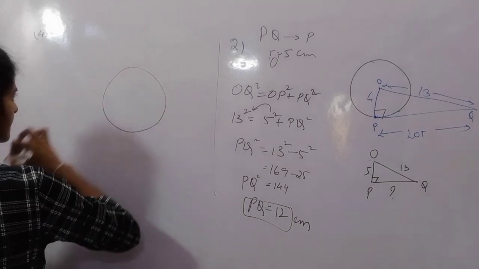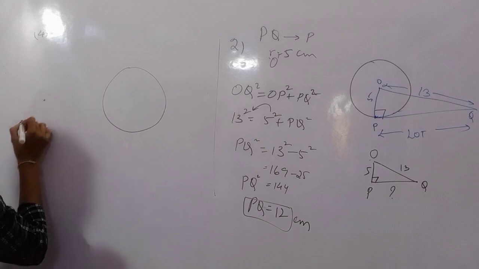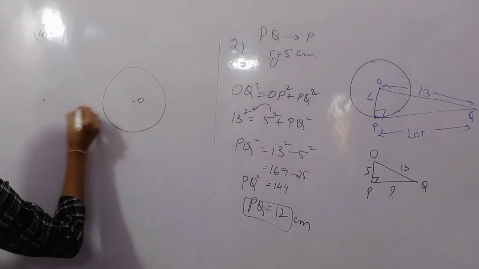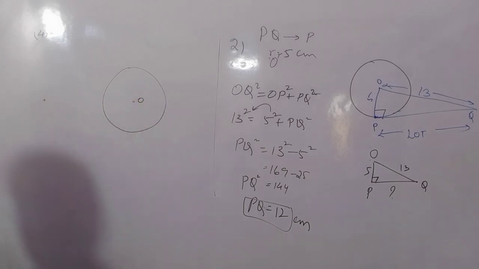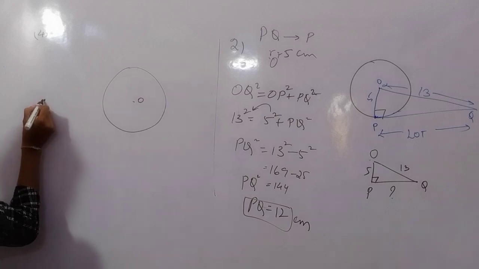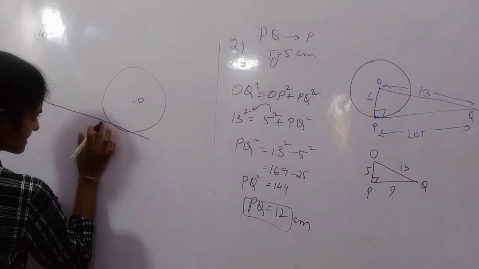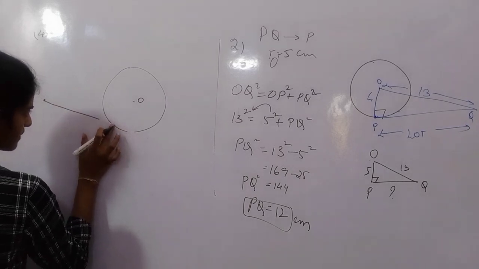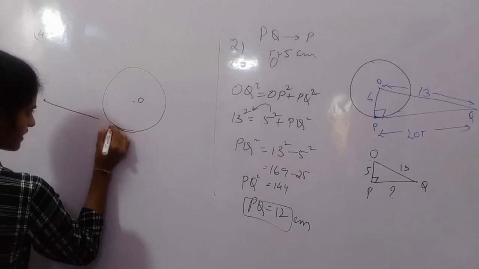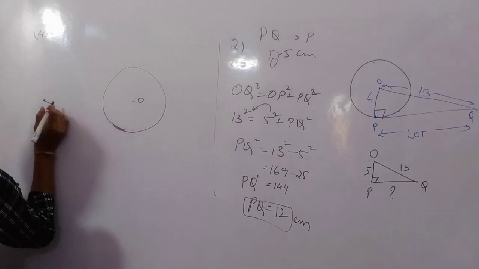So if I have a circle, this is the center, this is the external point. Read the question again. I need to calculate the length of the tangent. From the external point I will get a tangent, isn't it?